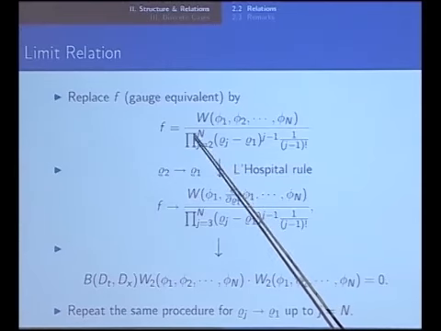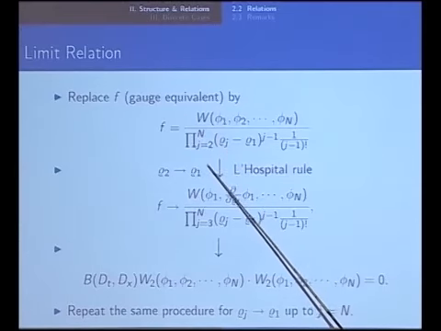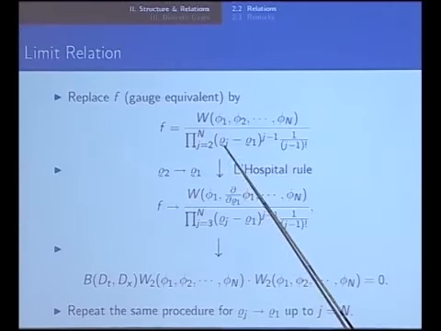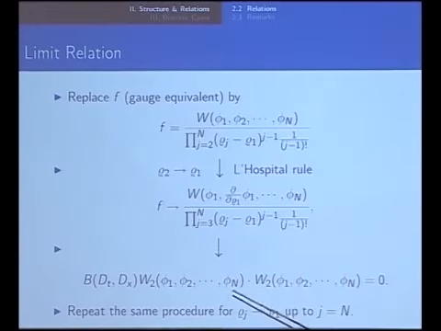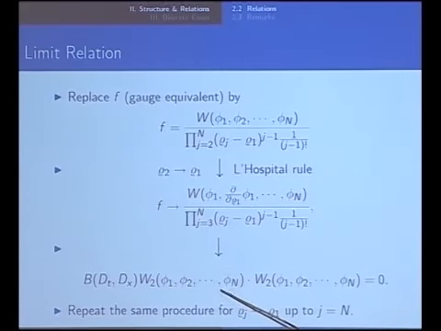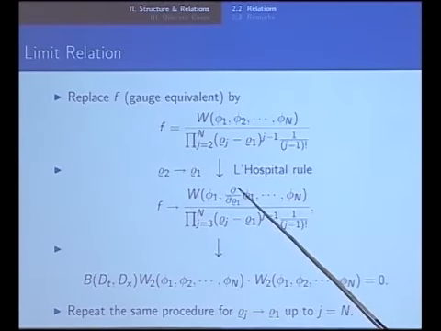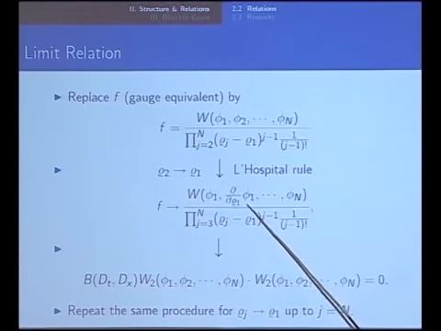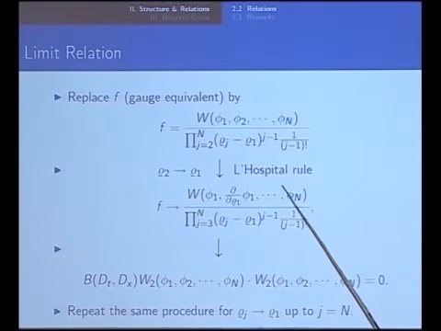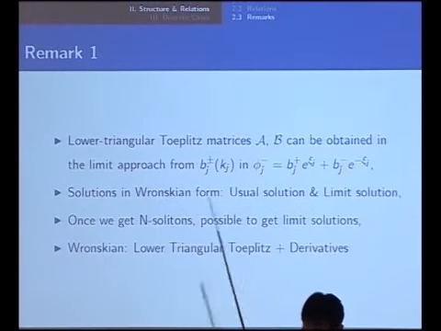So at the level of the binary equation, the limit is okay. The way to do that is we can do some gauge transformation for the binary equations, and then we take limits, and then we get a Wronski. Here is a derivative with respect to rho, and the others are phi 3, phi 2, phi n.